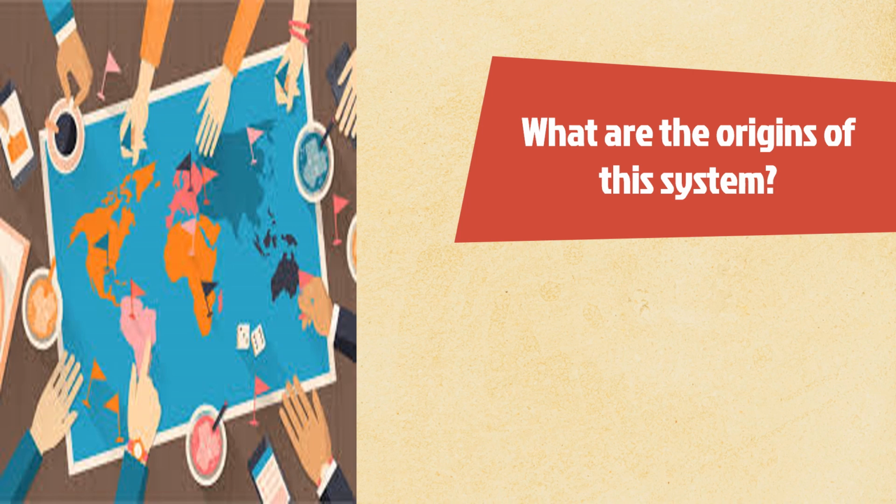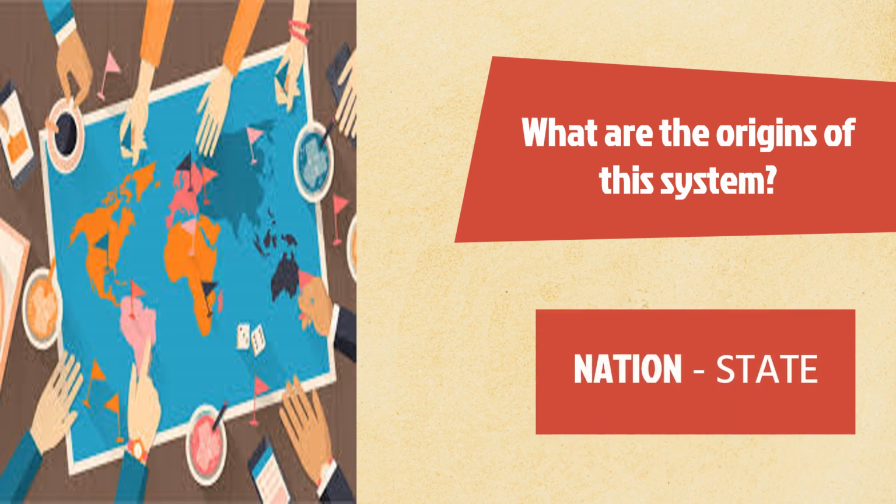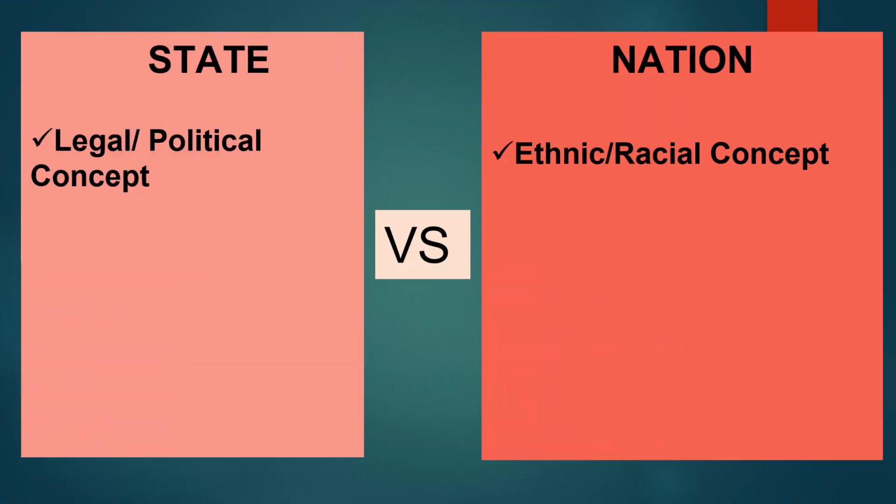What are the origins of this system? The answer is the nation-state. However, the terms nation and state are often used interchangeably, which is why it's very important to differentiate a nation from a state. When we talk about a state, that means a legal or political concept.